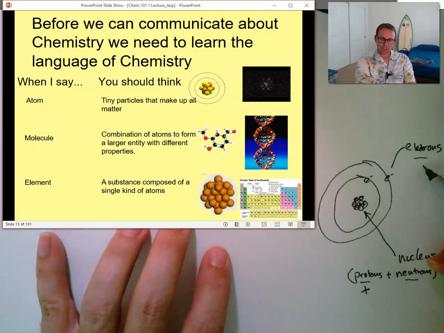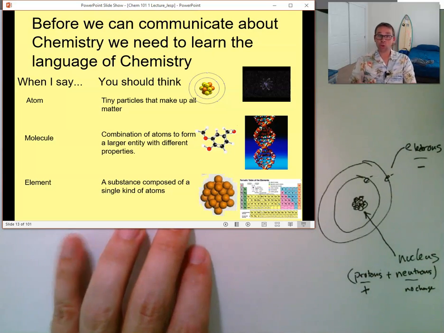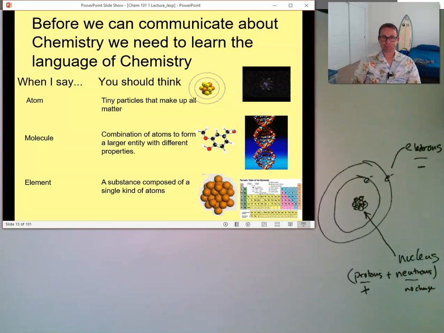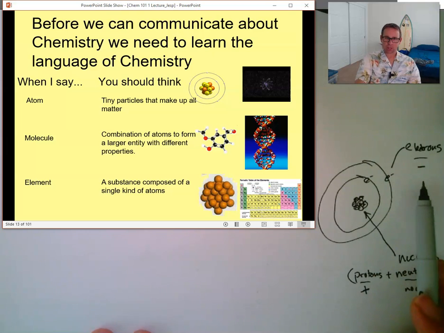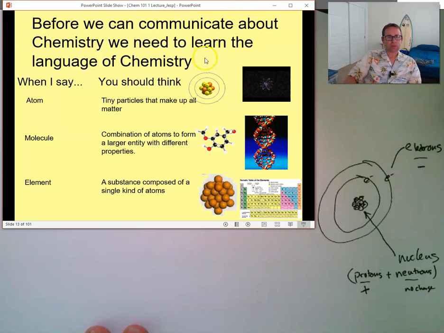Actually, just the electrons have the negative charge, whereas the neutrons have no charge. They're neutrally charged, we say. Okay? So the protons have a positive charge, the electrons have a negative charge, and the neutrons have a neutral or no charge. So this is the model of the atom.